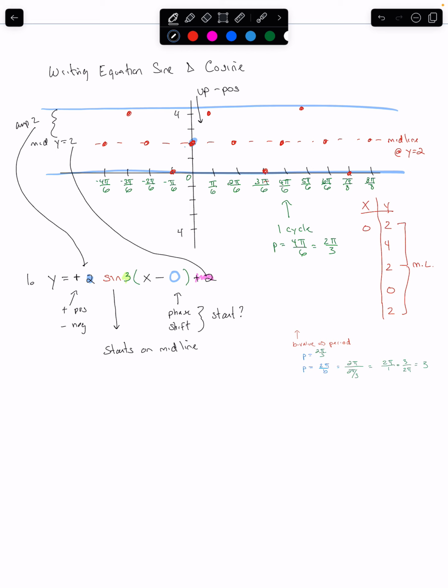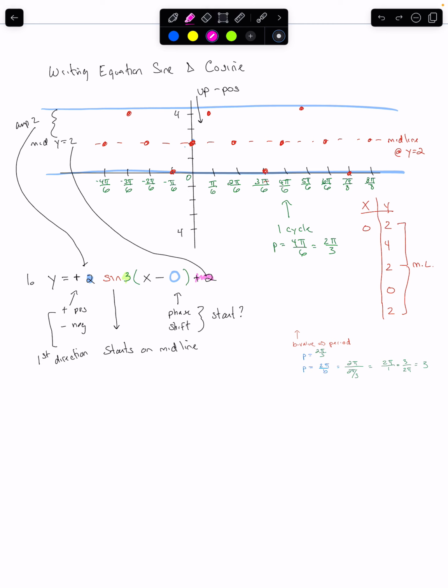What's your first direction? That dictates the sign, positive and negative, of your sine function. Okay, so again, I'm starting here, going up right away, completing one full cycle.